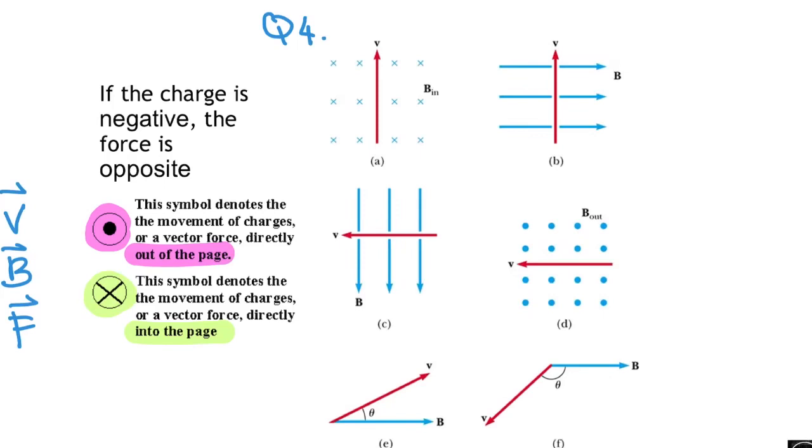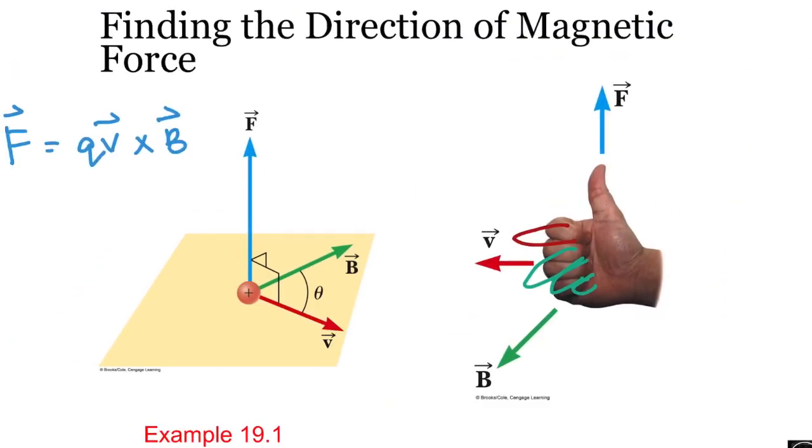So the rule that we used just now is by default for positive charge. What will happen if you have a negative charge, an electron, in the problem solving?